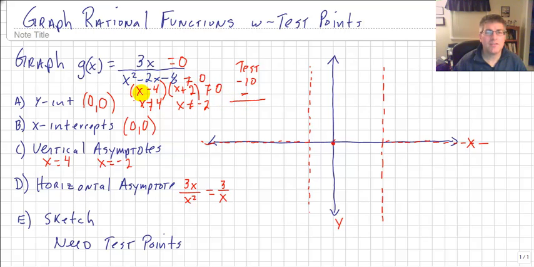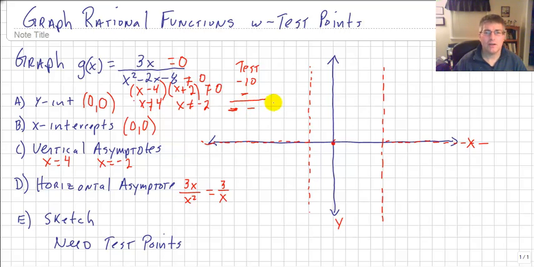If I put -10 in for my denominator, well, if I put -10 into x minus 4, yes, that's -14, but what I really care about is that the factor is negative. And if I put -10 into x plus 2, again, I know that's -8, but what I really care about is that it's negative.